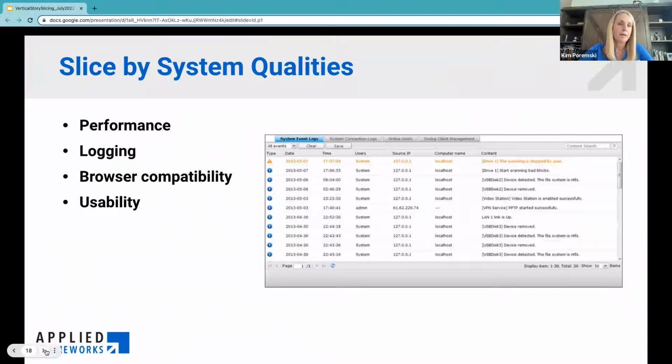Then there is slicing by system qualities. And by no means am I suggesting that you should cut corners on these things. These are things like browser compatibility and system performance and, you know, ADA compliance, all those types of things.